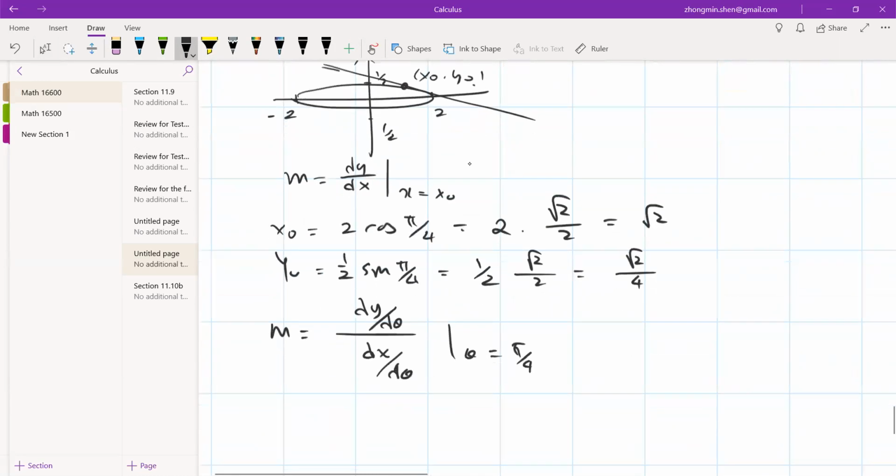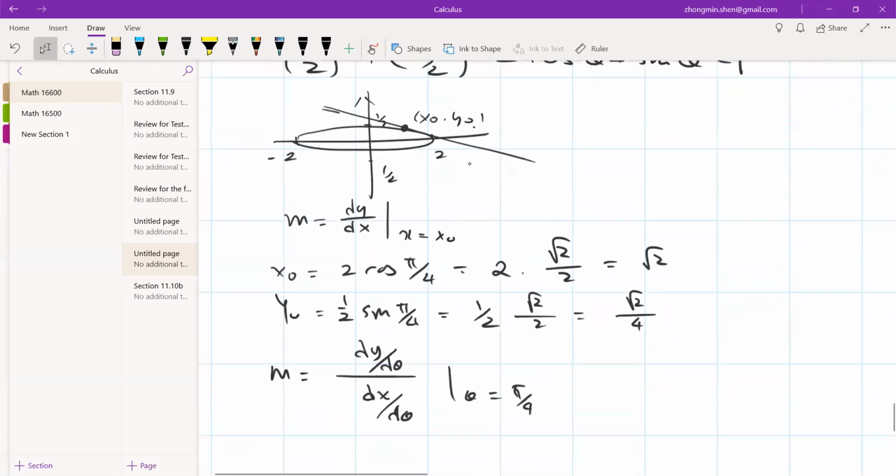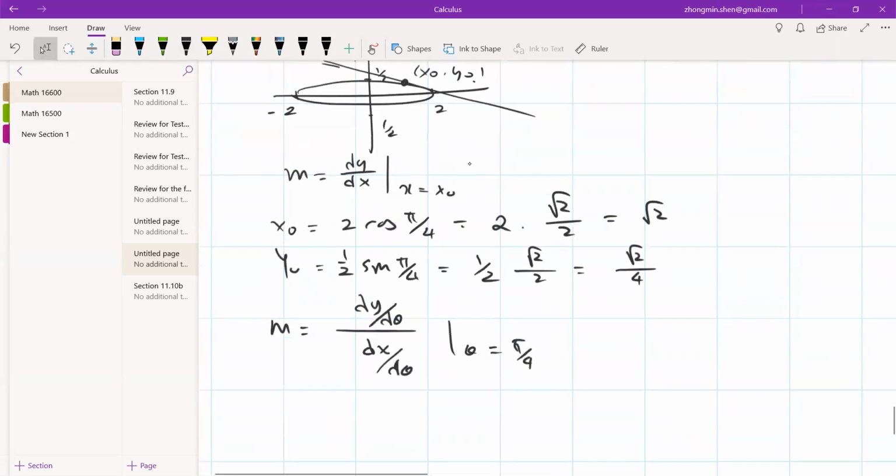So what is y prime? dy d theta is 2 sine theta times a half, right? It becomes cosine theta. And dx d theta is negative 2 sine theta.